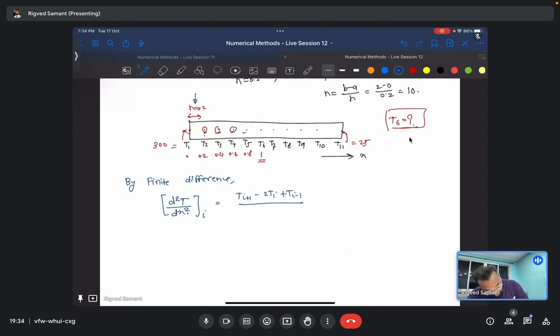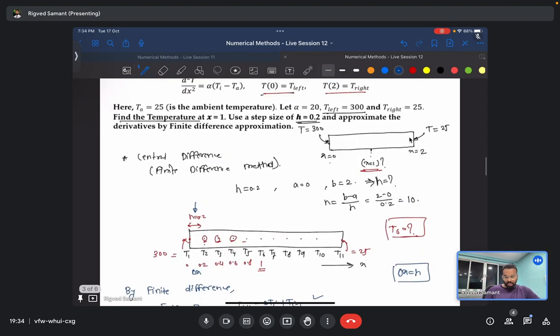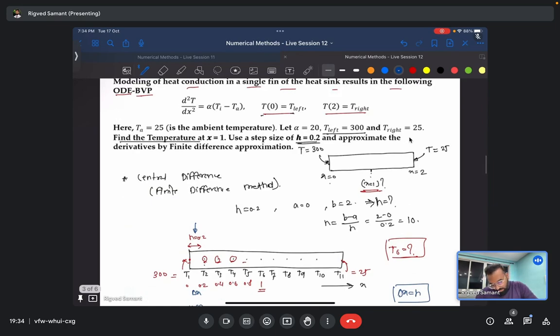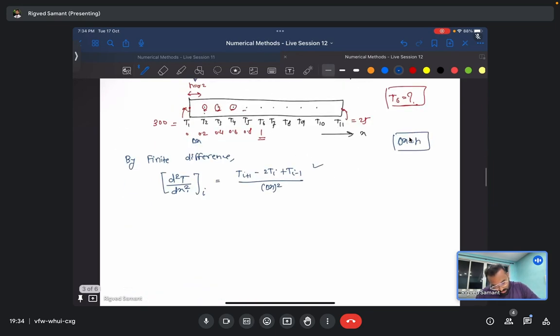We can call it delta x as well. So this is delta x square, and delta x is nothing but h here. Do you all agree with this? Yes. So with this approximation, we can convert the left hand side.